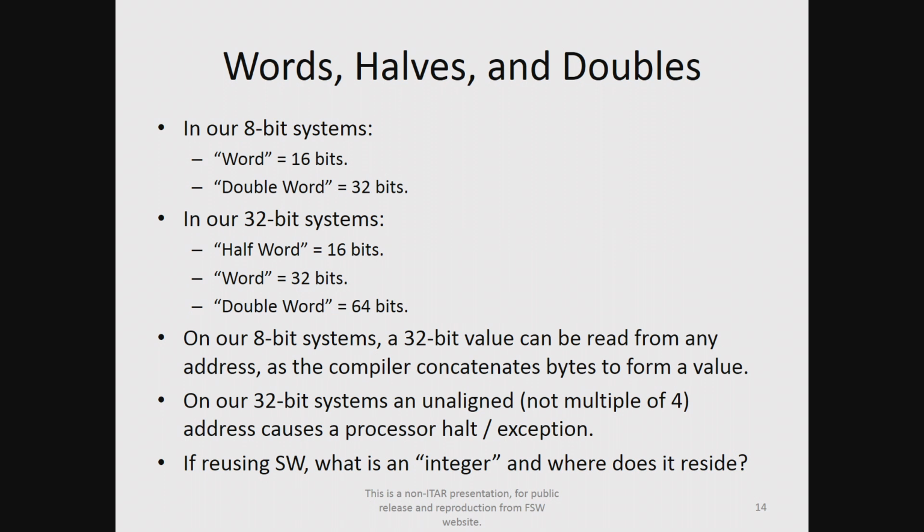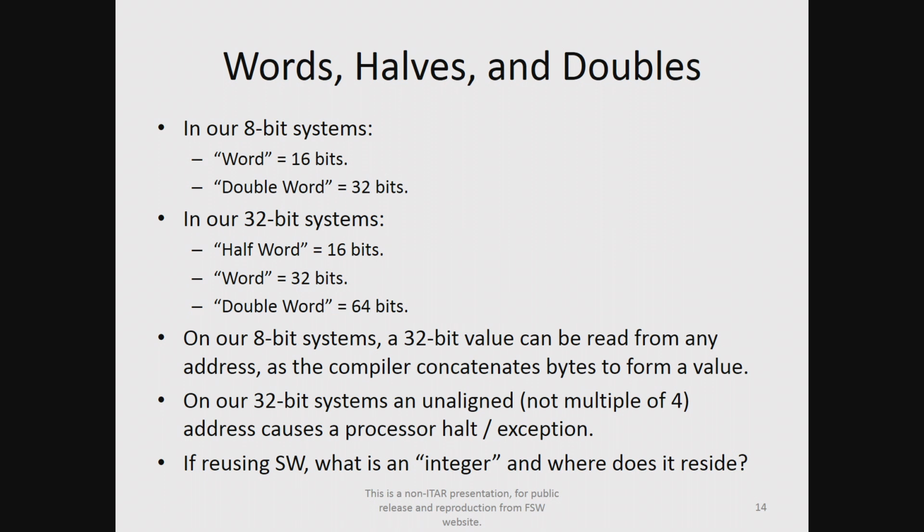So, on different systems, what size is your integer? Where we come from, our FPGA people tend to talk in terms of words, half words, and double words, where these could be thought of as short ints, long ints, or regular integers. On our 8-bit systems, the compiler just takes 4 consecutive bytes and concatenates those into an integer. So the software is written to cast an arbitrary location to an integer and read that out.